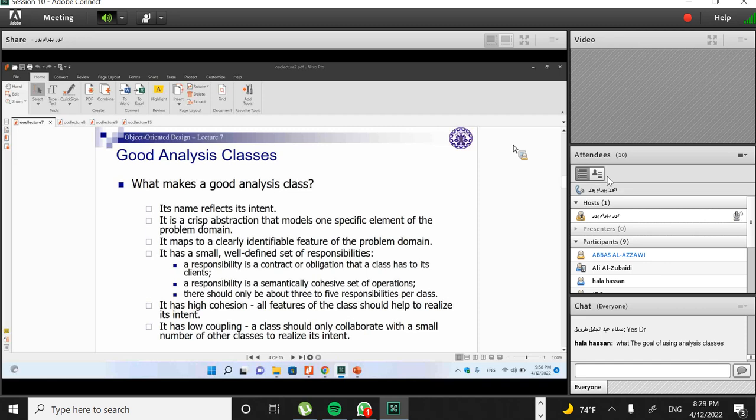Because the output of the analysis phase is the input of the design phase.